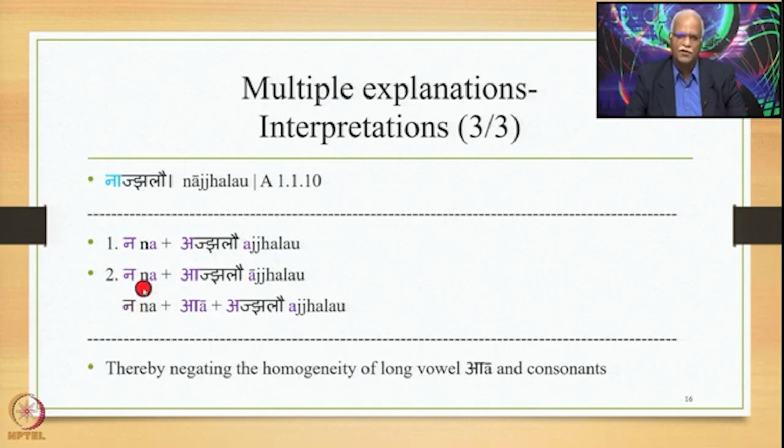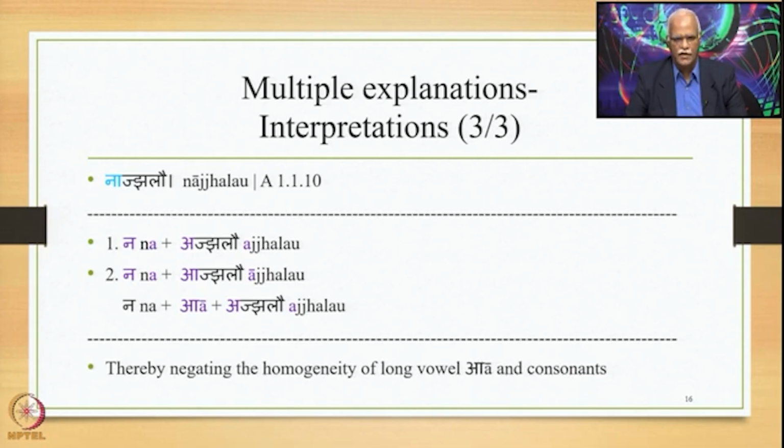But we can also split it as na plus ajjalau, and this a can be split as a plus a. So we can derive na plus a plus ajjalau. So this a is an additional element that we get out of this particular splitting, and thereby negating the homogeneity of long vowel a and consonants is possible.